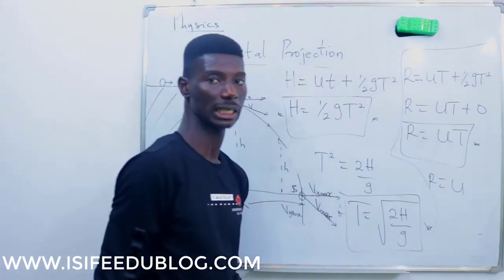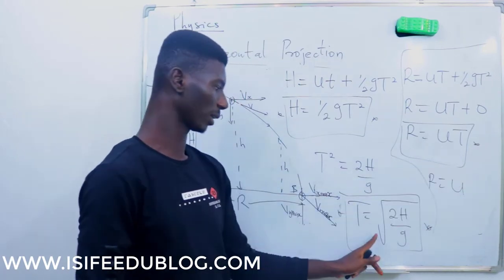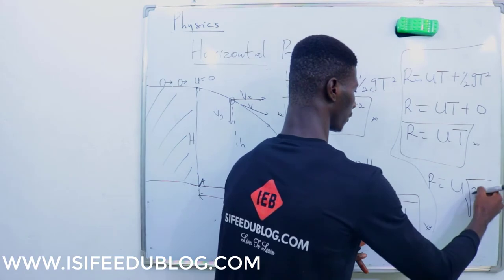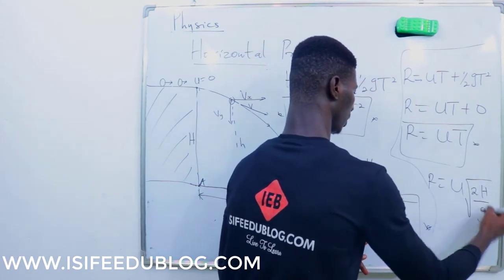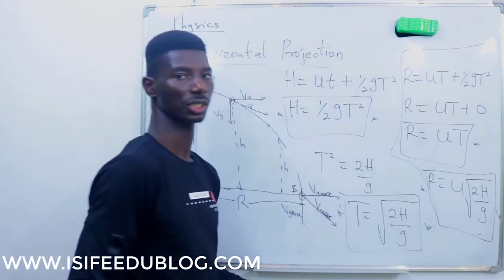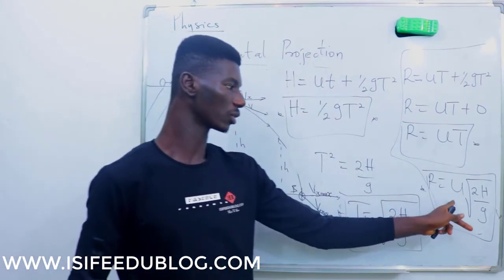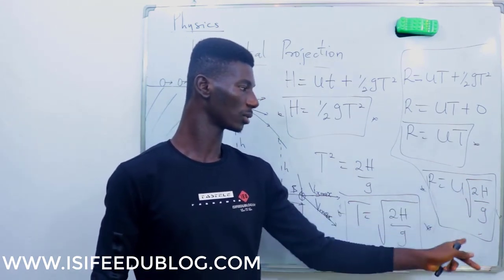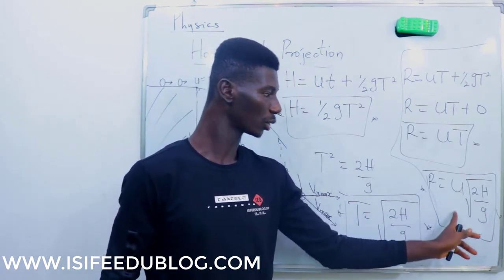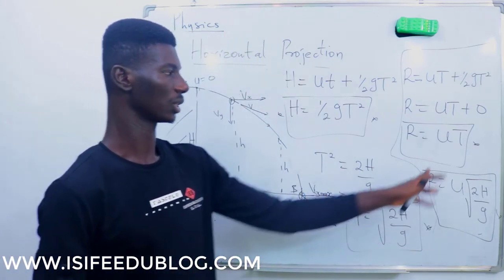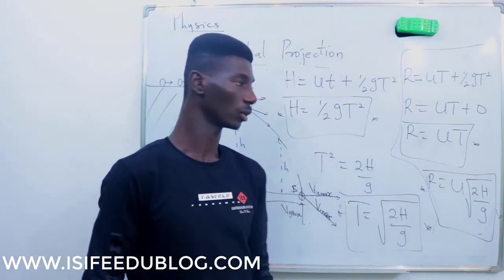We already know what t is: it is the time of flight, which is the square root of 2h over g. So you can use the formula directly for the range. R is equal to u times the square root of 2h over g, which is R equal to ut.